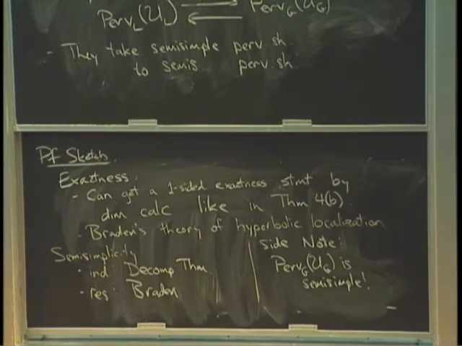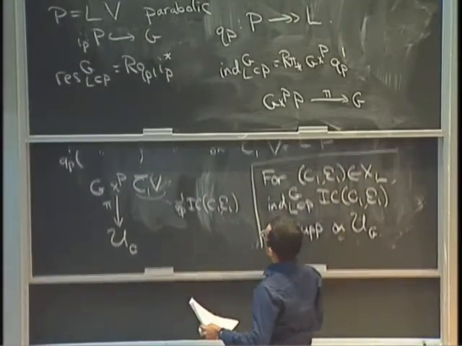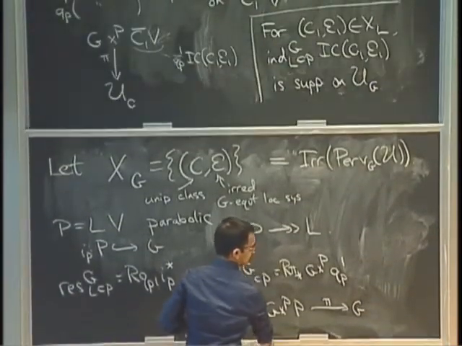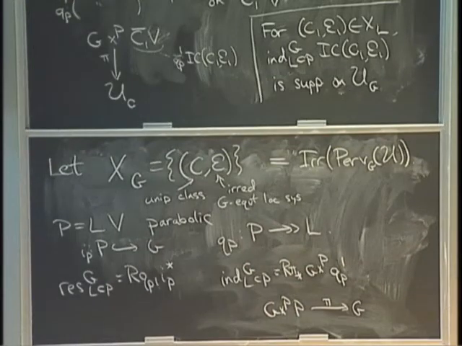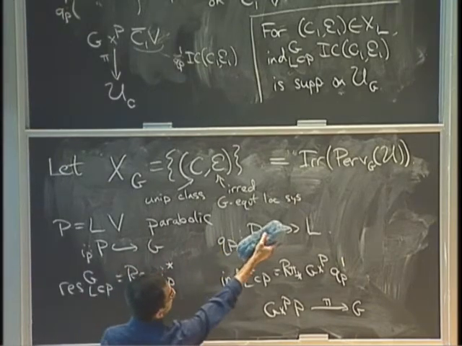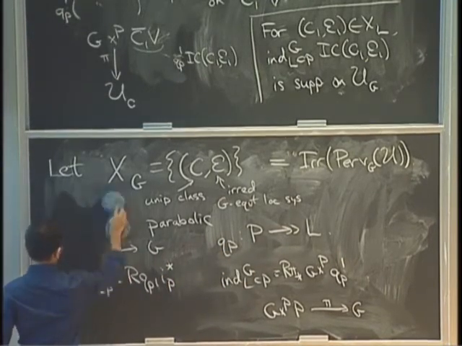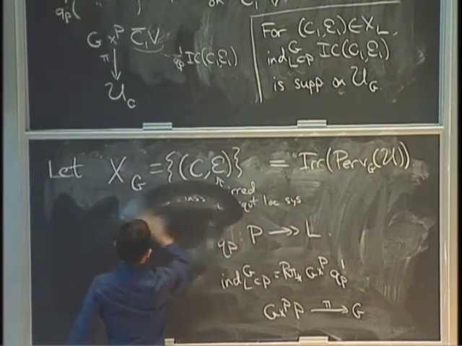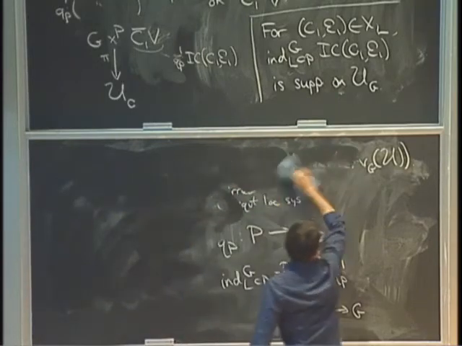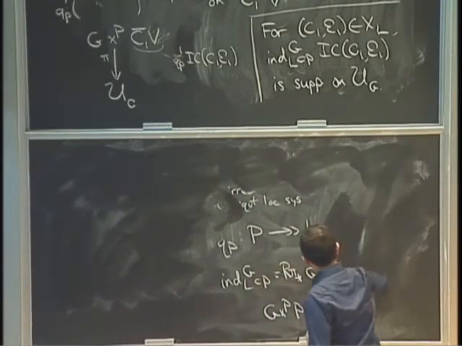Okay. So now that we have induction and restriction, we need to start inducing and restricting something. There's one induction statement written on the board already, the Springer sheaf. Let's try and write down some more things.